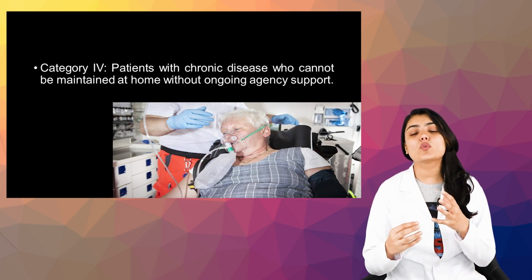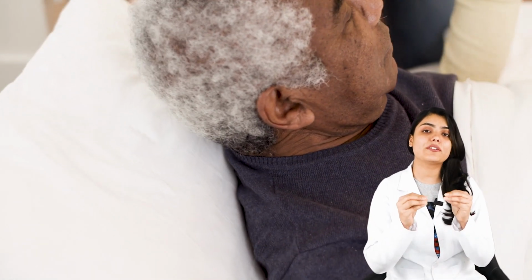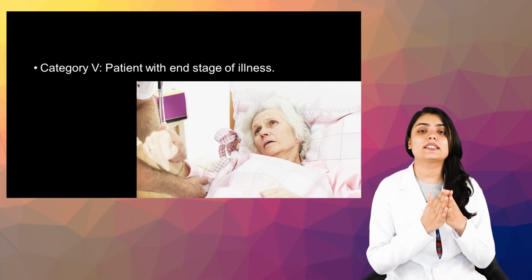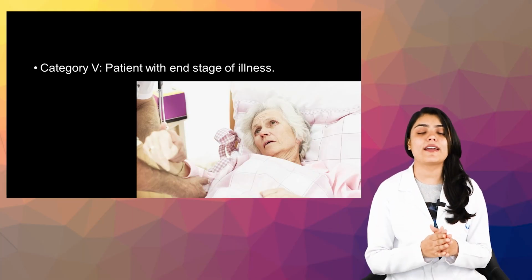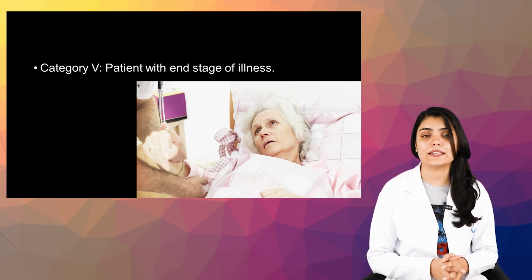So in category 4, those kinds of patients who will not be able to manage their illness at home or without the assistance of medical professionals are usually grouped. And the last one that we have is category 5, and in category 5, patients with end-stage illnesses are usually categorized. I hope you have understood what is pro-type evaluation.